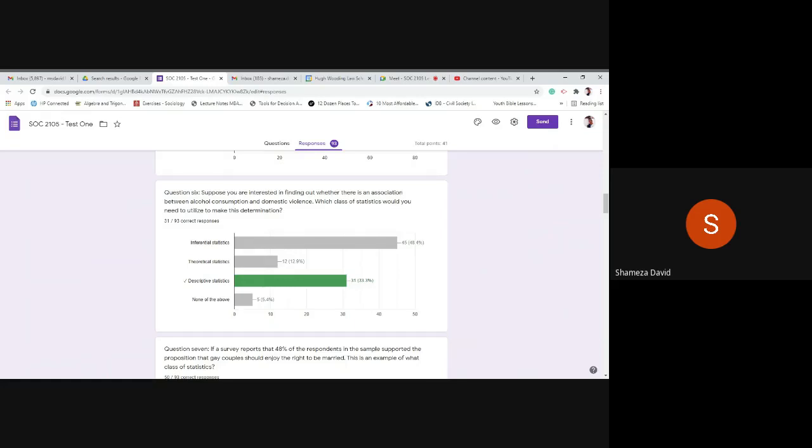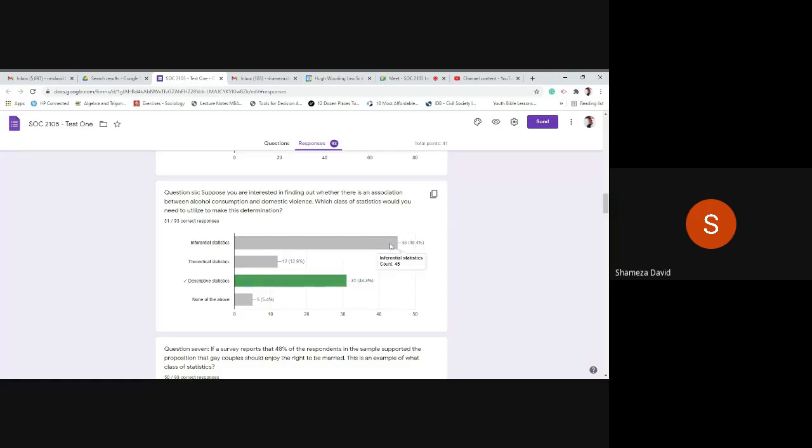You have sample data and you are going to use that to run a number of tests to determine whether there is actually a relationship between those two variables.